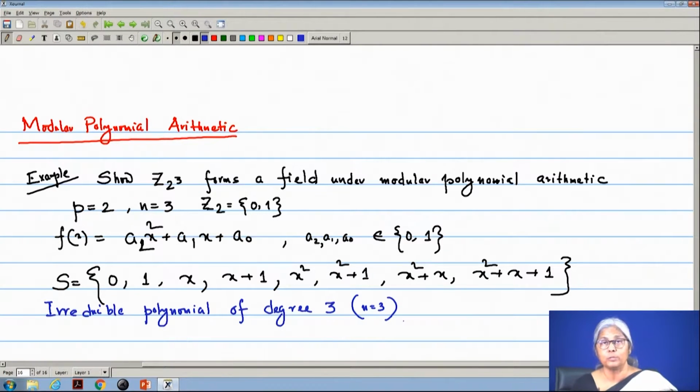There are two irreducible polynomials of degree 3.